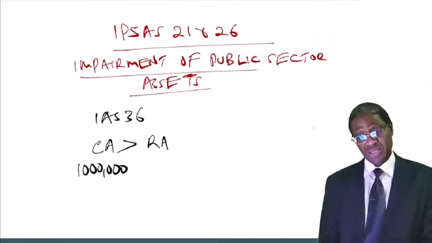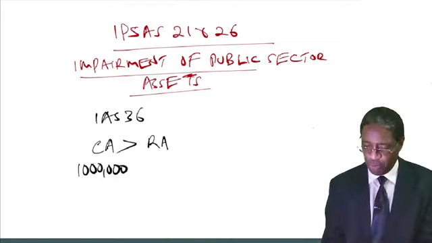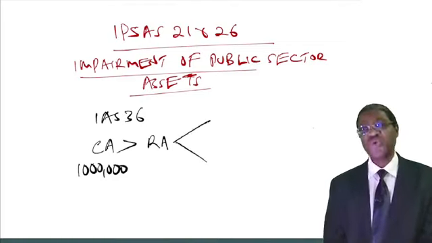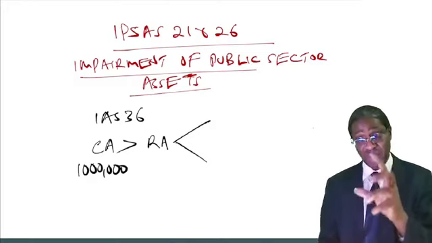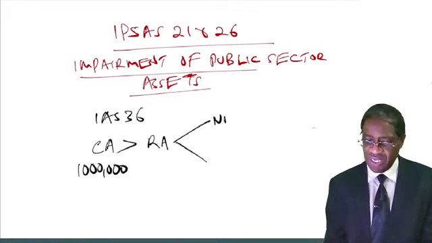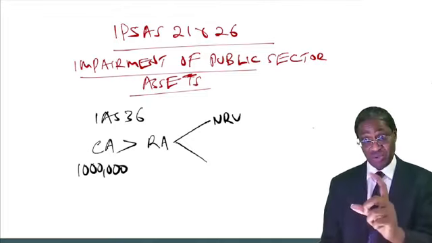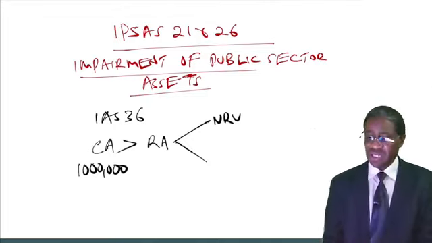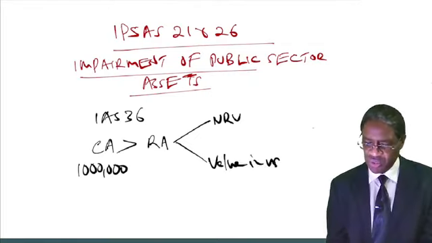And we said, to compute the recoverable amount of an asset, I hope you do remember, we normally compare two values. One of the values is what we call the net realizable value. Then the other amount is what we were calling the value in use.